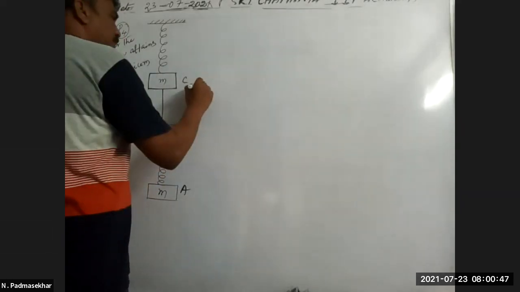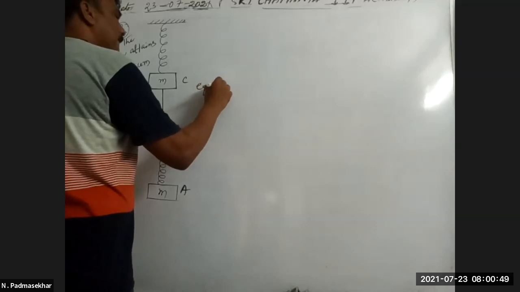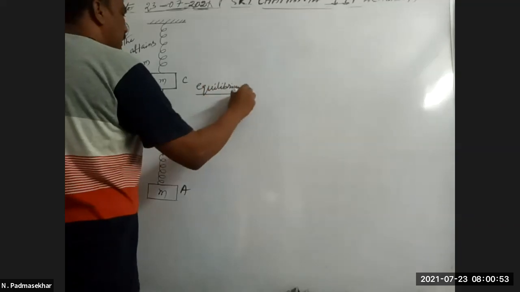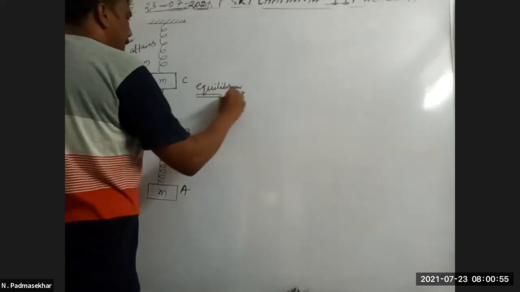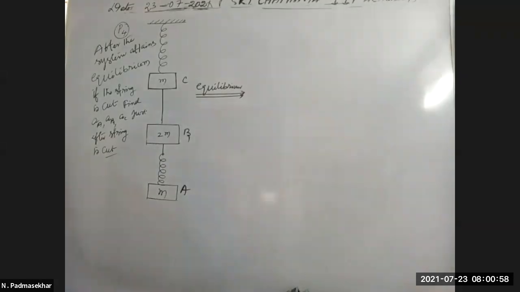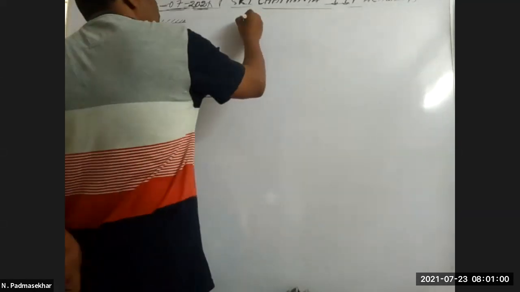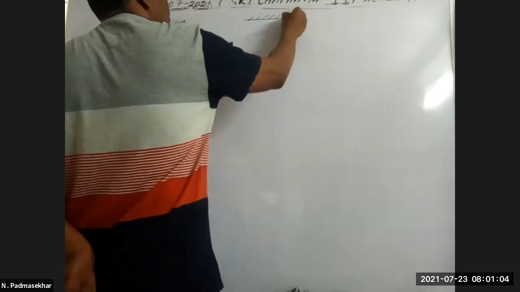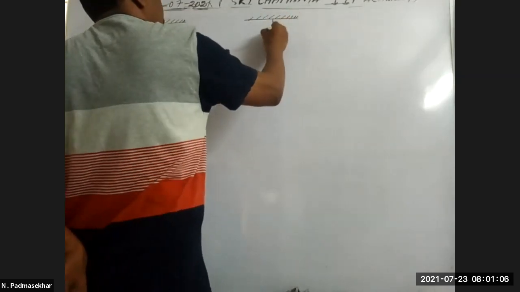So first, equilibrium. See the equilibrium condition. This is the spring.